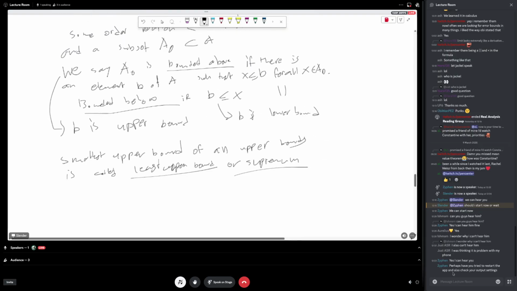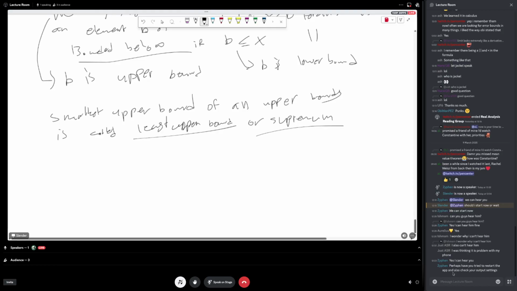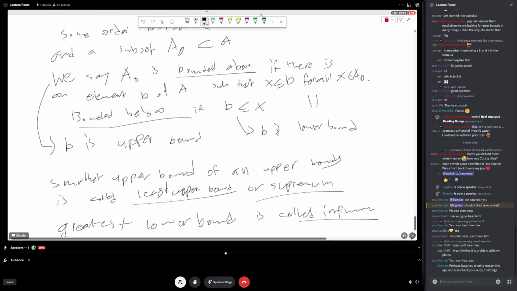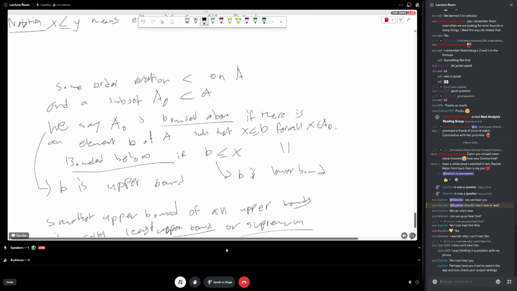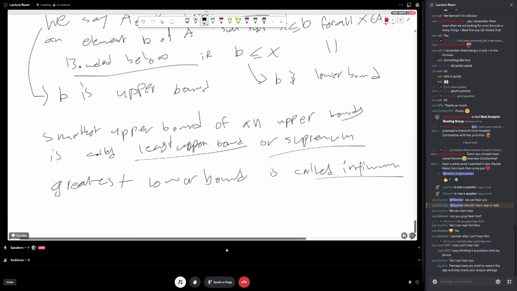So the least upper bound is the supremum. Similarly, the greatest lower bound is called the infimum. Infimum. So that's the definition of order relation, supremum and infimum.